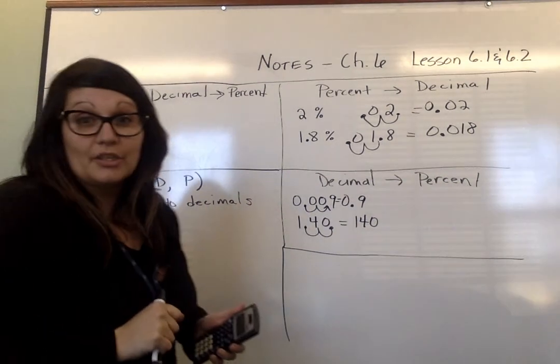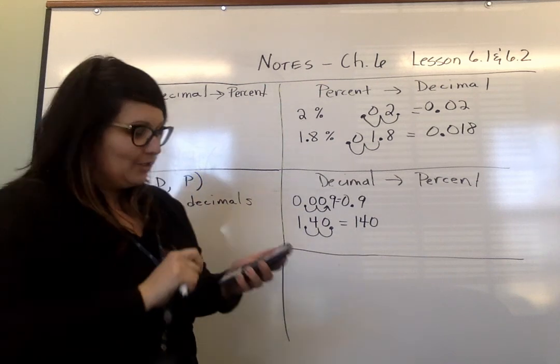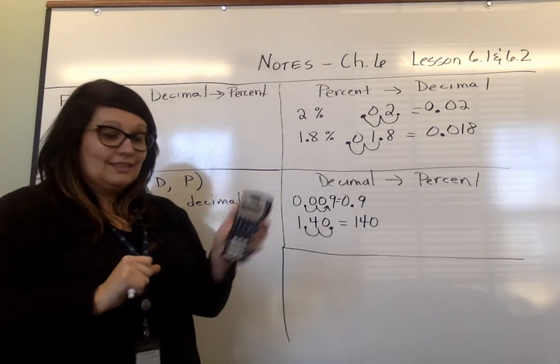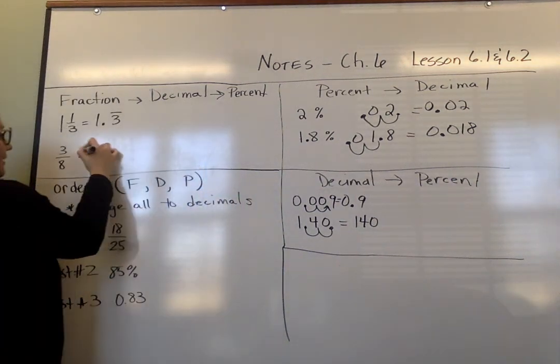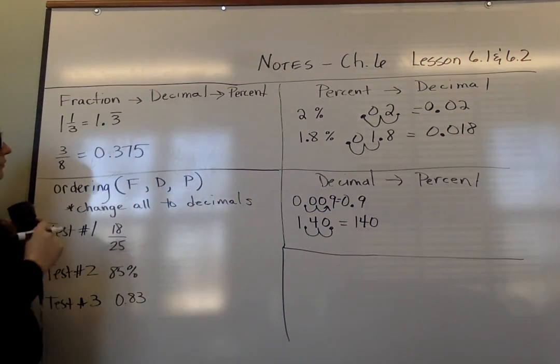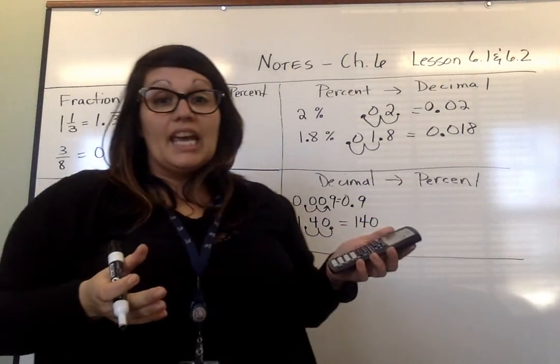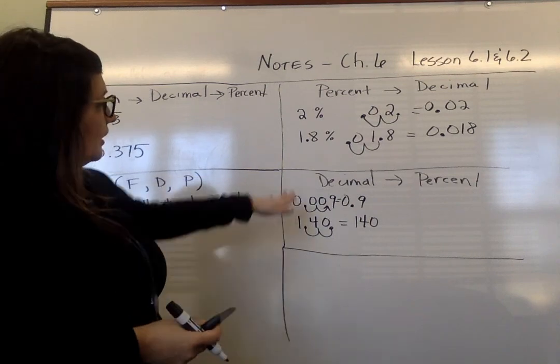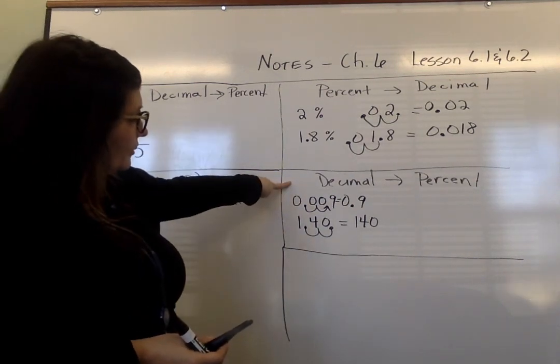Next, I'm going to change 3/8 to a decimal. And I'm going to divide on my calculator. 3 divided by 8. 0.375. Okay, now that I have it as a decimal, now I could change it to a percent. And how do I change a decimal to a percent?